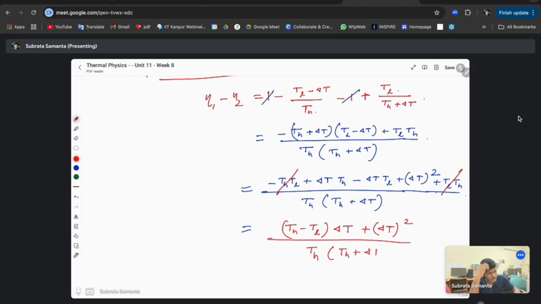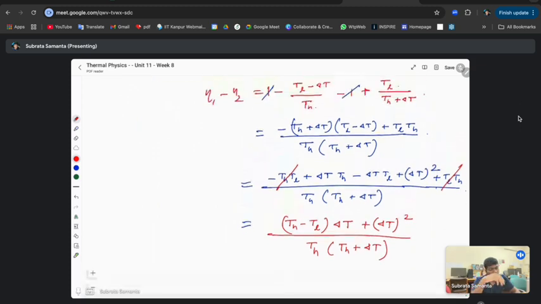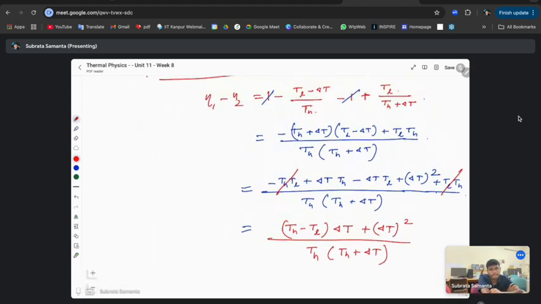So is this positive or negative? Because delta T square is positive, right.